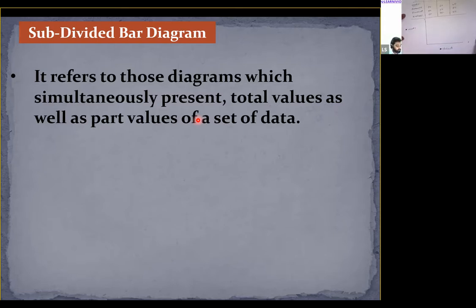All right. So first of all, let me just total all these marks. Total marks scored by X is 210, and total of Y is 200. Total marks scored by Z is 170.